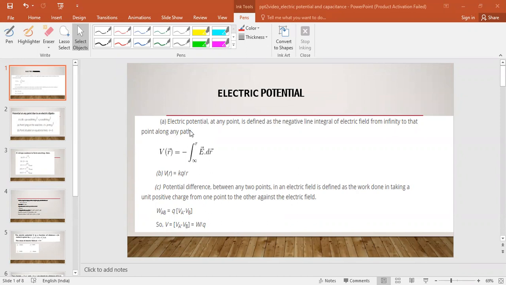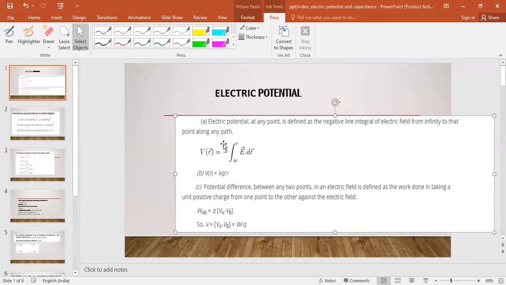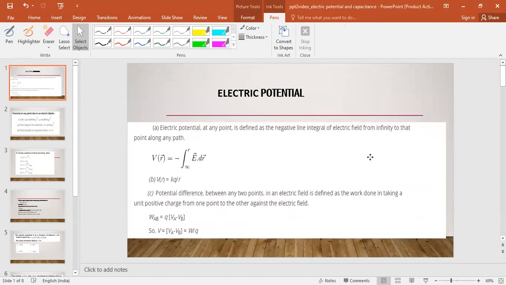So we know that the electric potential at a point is defined as the negative line integral of the electric field from infinity to that point along any path.